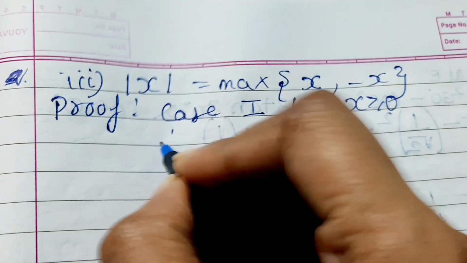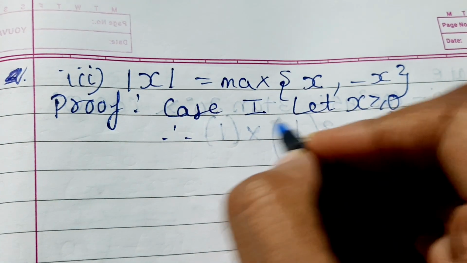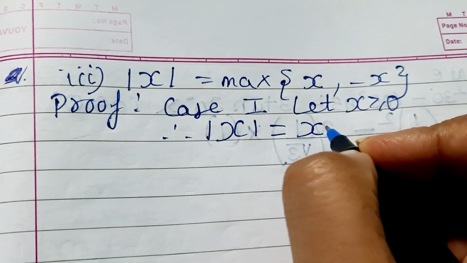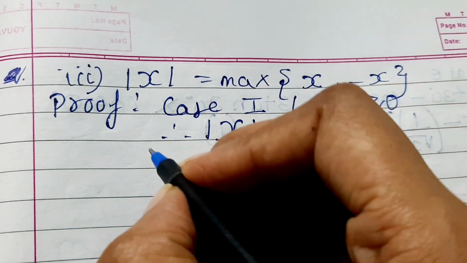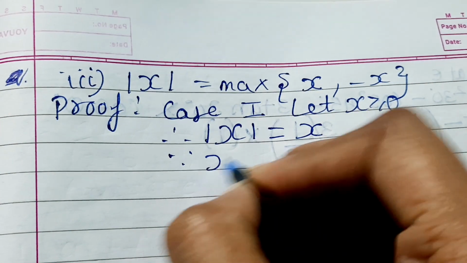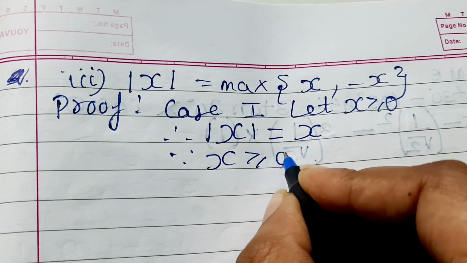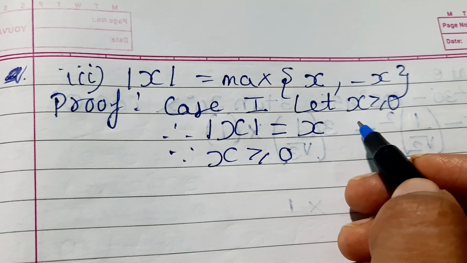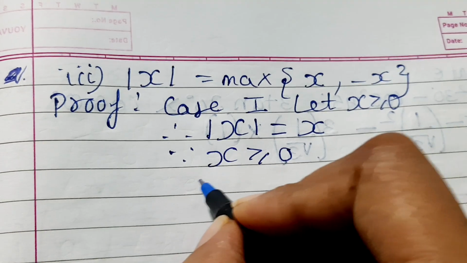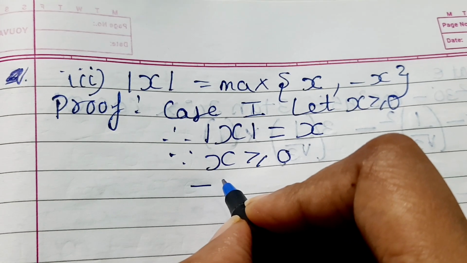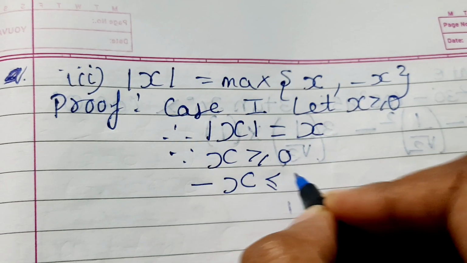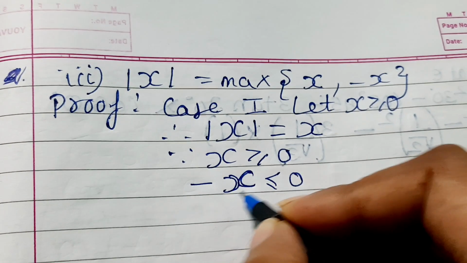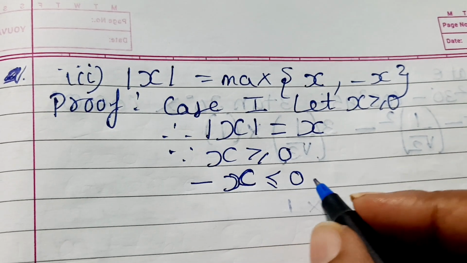Therefore, if x is greater than or equal to 0, modulus of x will be equal to x. Now since x is greater than or equal to 0, minus x will be less than or equal to 0.